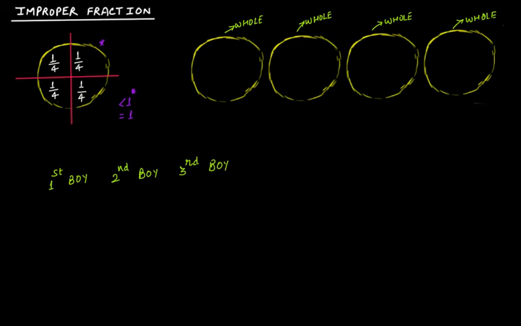Now, what you do is, you'll give this first pizza to this guy. So this boy will have one pizza. This person, second boy, will get this pizza. This will also have one pizza. This third boy will also get one pizza.